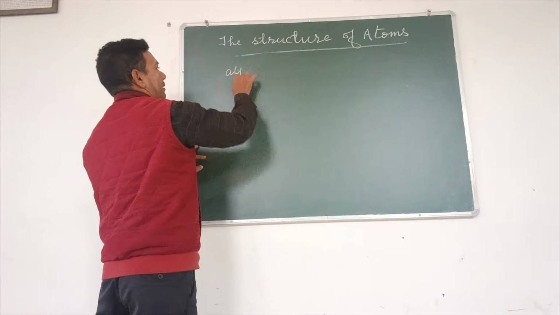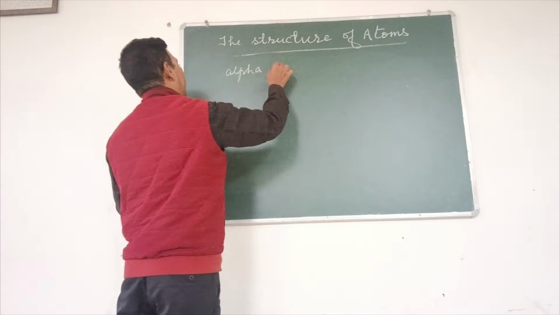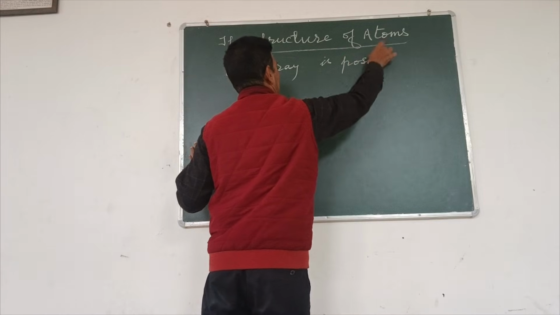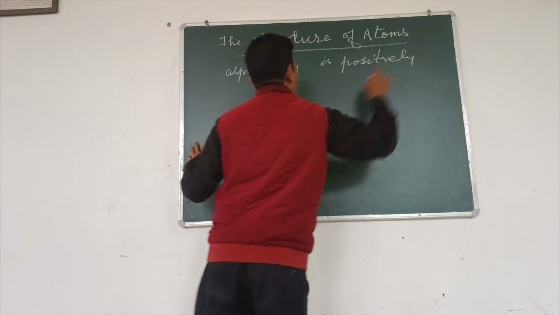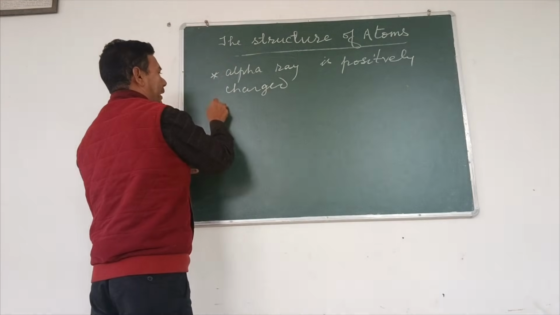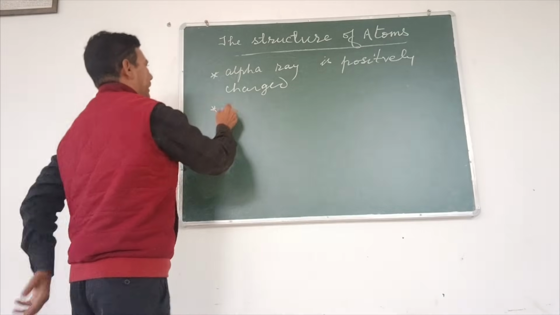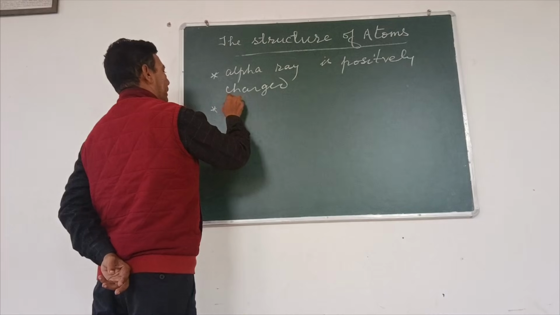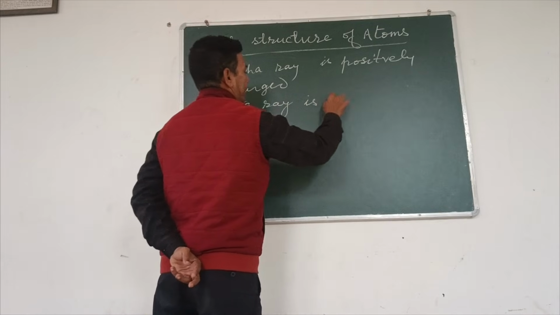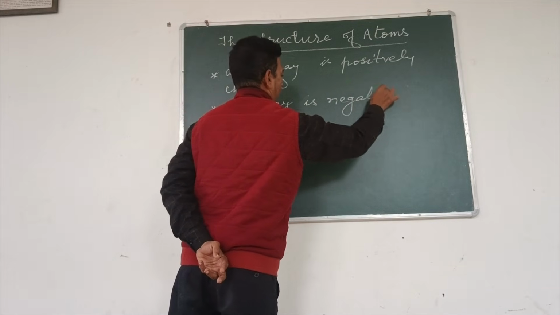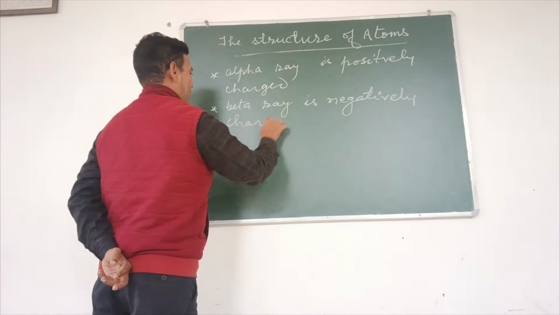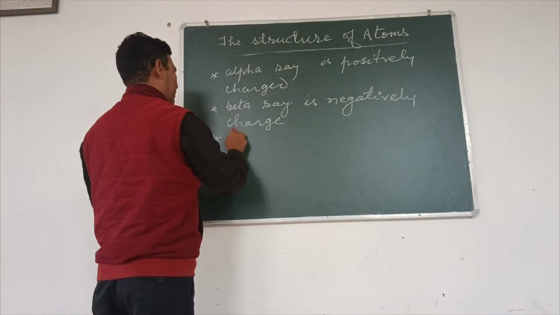Alpha ray is positively charged, beta ray is negatively charged, and gamma ray is neutral.